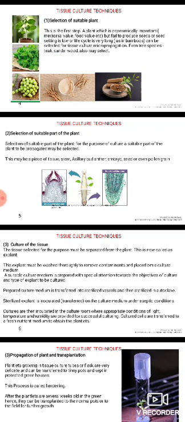The tissue selected for the purpose must be separated from the plant, and this tissue is known as the explant. This explant must be sterilized. It must be washed thoroughly to remove the contaminants and placed in a culture medium.